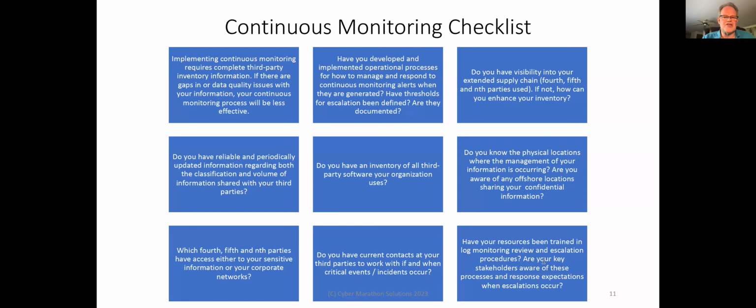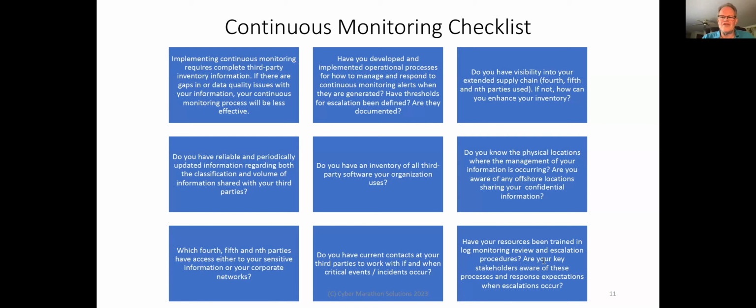Most organizations, somewhere in their IT function, have a software inventory of software that's being used by the company. You should know what that inventory is and be able to leverage it in the event that there is a security incident.